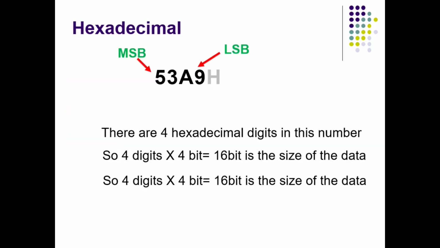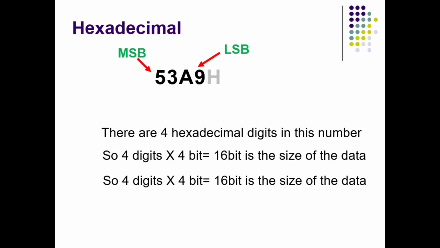Here is an example of a hexadecimal number, 53A9H. I can say the size of this number is 16 bits. That is because, as I explained in the previous slide, every hexadecimal digit is 4 bits in binary, and the size of data is calculated based on the number of bits in its binary representation. So 53A9, there are 4 digits here.